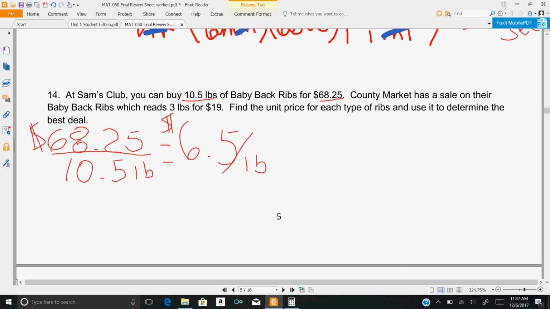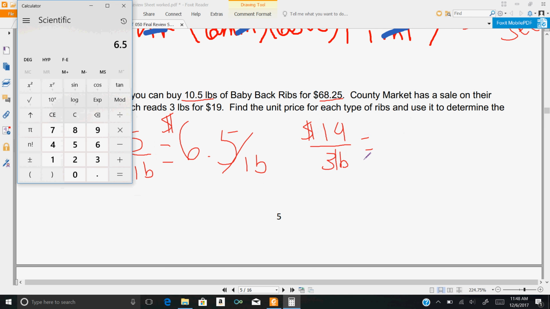I'm going to do the same thing with the information for County Market. So I go $19 per 3 pounds, or divided by 3 pounds. I'm going to divide that $19 by the 3 pounds.